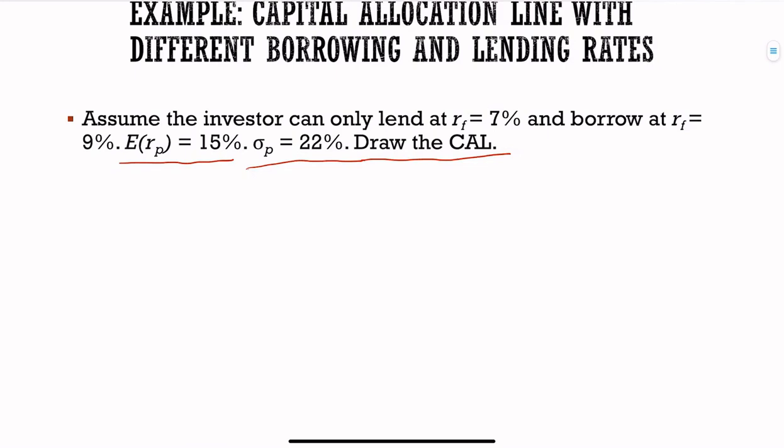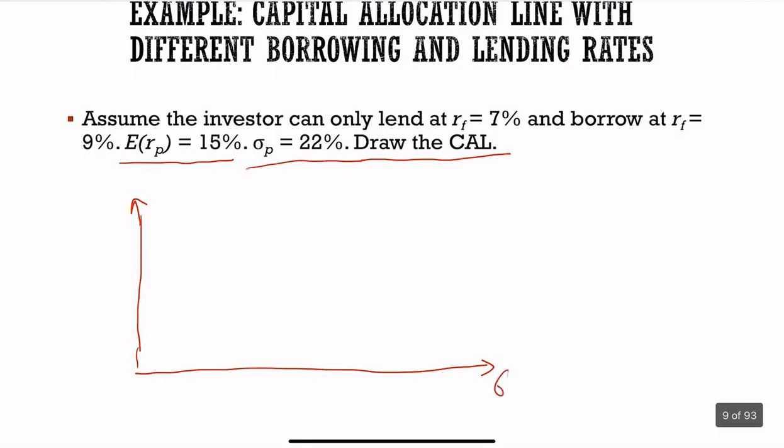You can see that to determine the capital allocation line, we basically need two things, right? We need the risk-free rate and the slope. Or instead, you could use the risk-free rate and the risky portfolio. Okay, so let's see how we could find the capital allocation line.